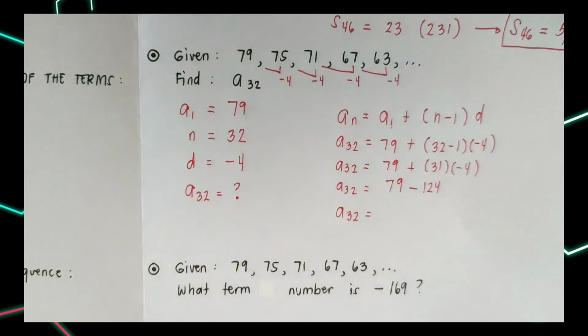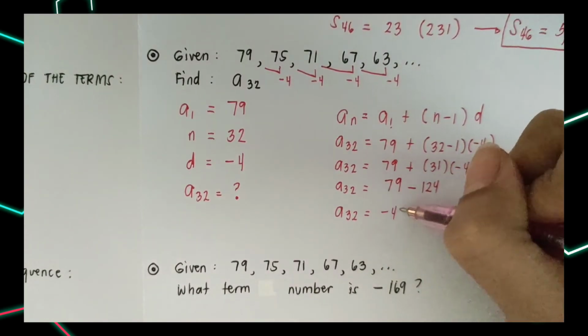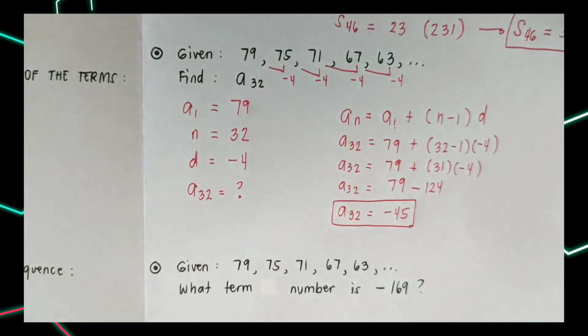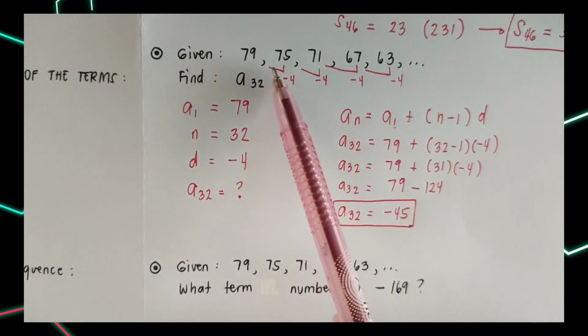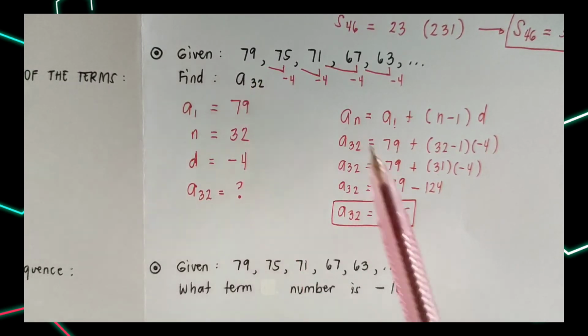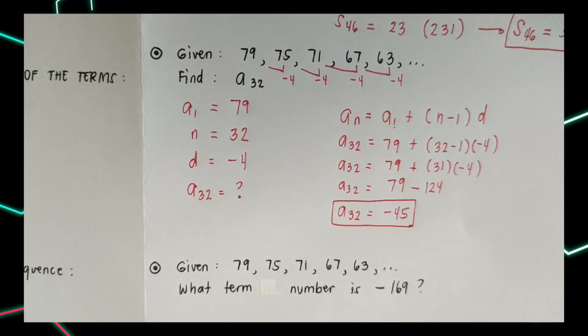The value of the 32nd term is negative 45. The 32nd term here in this example is negative 45. So that is how to get the specific term.